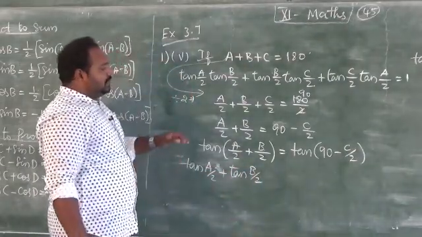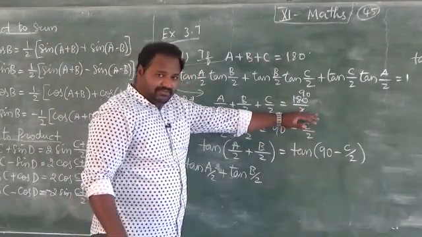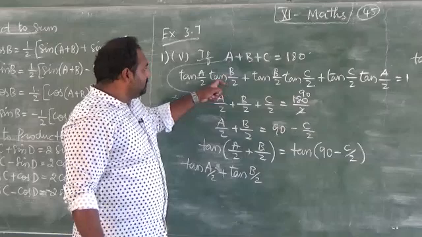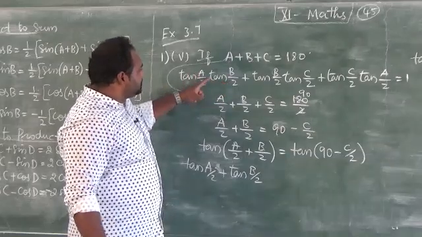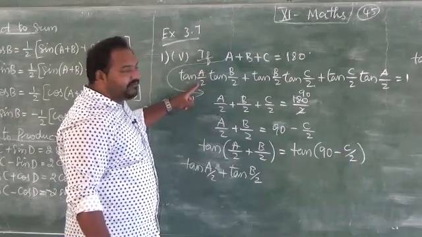Sir, you may wonder why we divided the given equation by 2 throughout. It is because we have to bring the arguments into half angles.